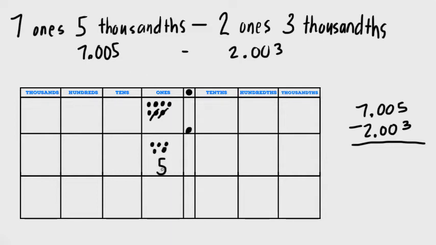Now, how many thousandths did I start with? I didn't have any tenths or hundredths, but I had 5 thousandths. And I'm taking away, here's the thousandths place, 3 thousandths. So boom, boom, boom, I'm left with 2. And now we bring down our decimal, and we can see that we just subtracted.